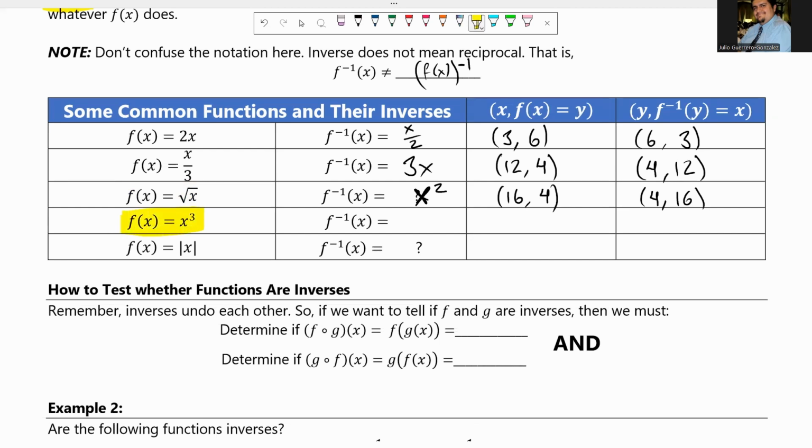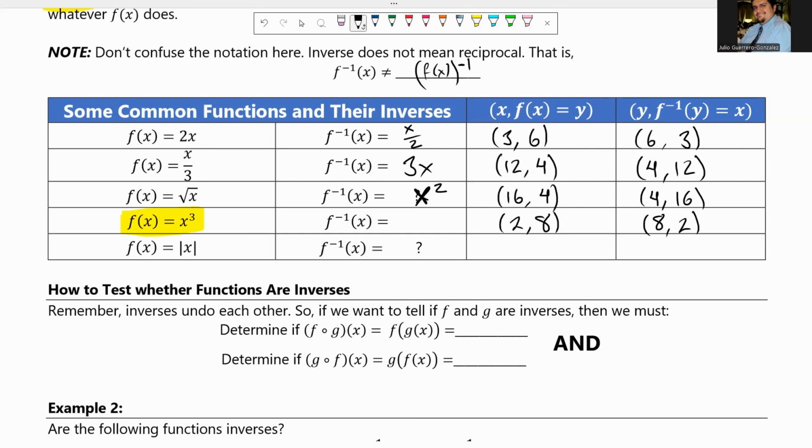Next one down, x cubed. Again, if I give it an x value, let's say 2, it'll give me the output of 8. 2 to the third power means 2 times 2 times 2, and that's 8. Which means the inverse has got to do the opposite.